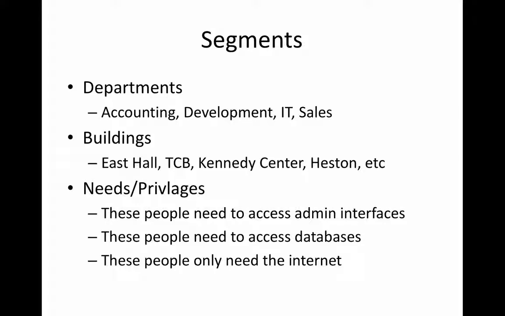What makes doing it by department difficult? Because a lot of really small departments, so you don't have a lot of people on one subnet. Sure. If we're not a really big organization, maybe the accounting department is 2 people. So we're going to have a subnet for 2 people? Maybe. That's going to be annoying to manage.